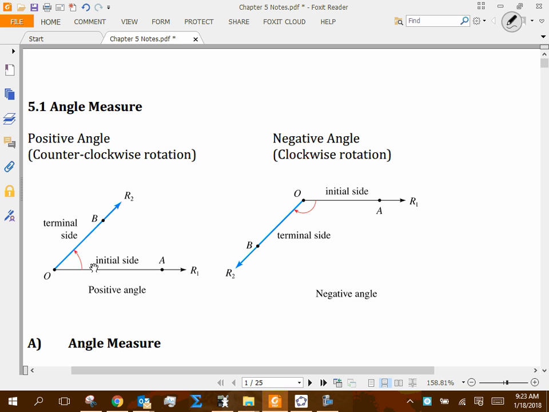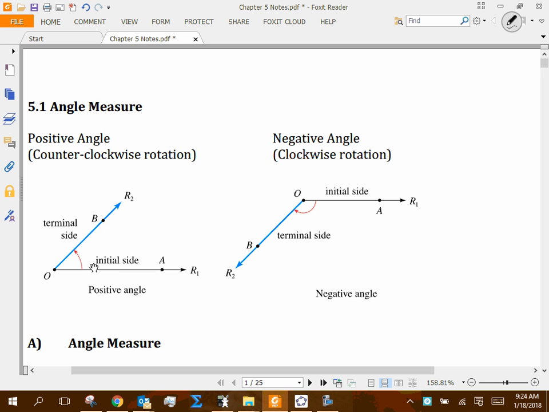Both our rays start off at the same position, and then I take that blue one and I move it off of the original one. And the blue one stops somewhere in the coordinate plane, and that blue one is referred to as the terminal side. Terminal means end, right? Or to end. So my initial one is the one we start at. The terminal one is the one that ends, and then the span between them, that measurement between them, is the angle that we're interested in.